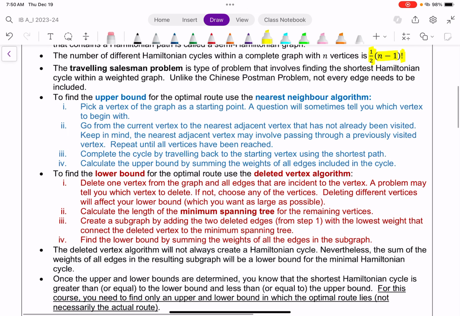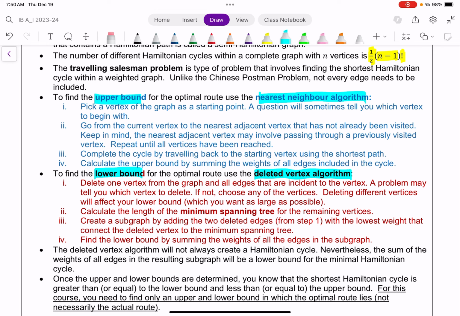And so there's a couple of algorithms here: the nearest neighbor algorithm, which is how to find the upper bound for what would be the optimal route, and the deleted vertex algorithm, which is the way of finding the lower bound. Once we have this, if we've done it correctly, we can see this range, and perhaps ideally a fairly small range, to give us a sense of what that optimal path will be.